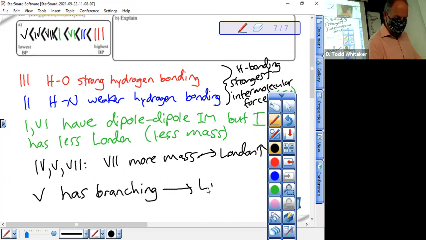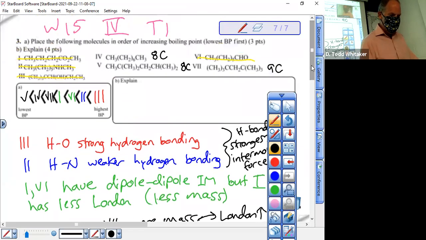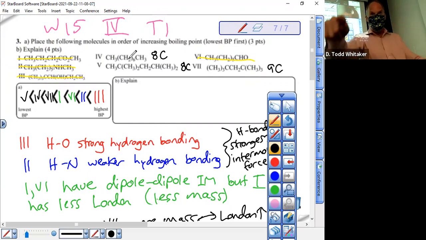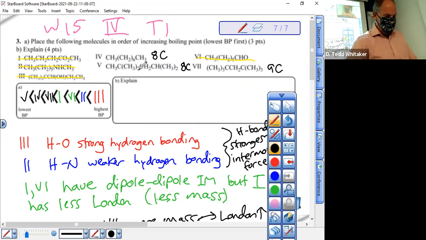Branching lowers London. And IV doesn't have branching. IV is a chain, right? 8 in a row. Isn't that just octane right there? CH2s in the middle are just CH2, CH2, CH2, CH2, CH2. And this one has branching on the second carbon, double branch, and the second last carbon, another branch.